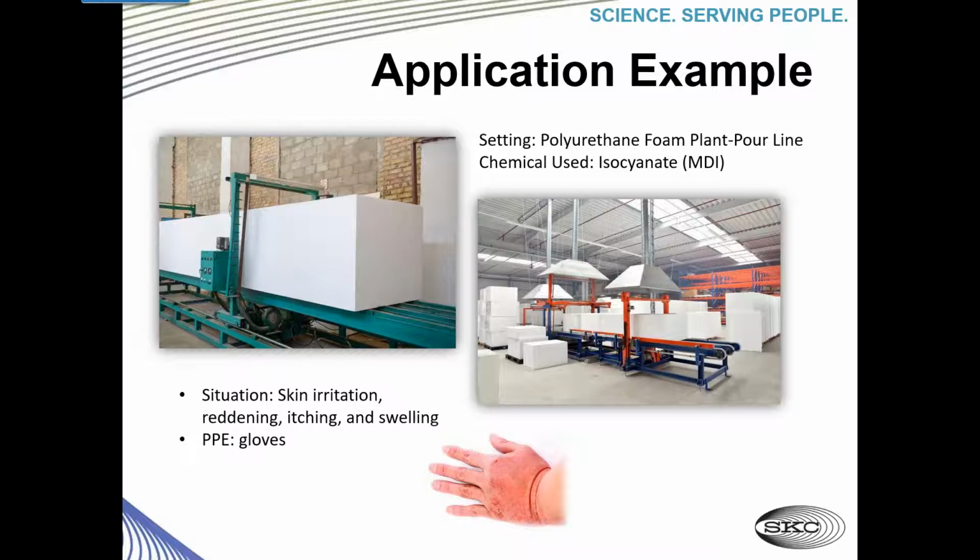Maybe the gloves that they have on the pour line are not appropriate for the application. Then you can evaluate the housekeeping practices and use the surface swipes in the lunchrooms, tools, equipment. The chemical may be everywhere and is causing skin reactions on employees.